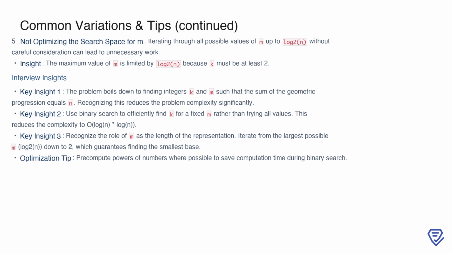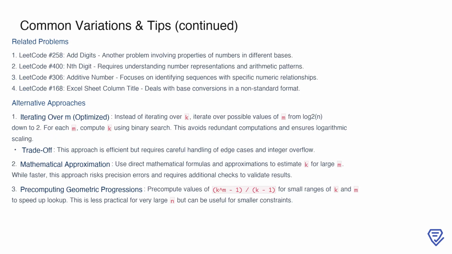To further optimize, pre-computing powers of numbers can speed up binary search operations by reducing repetitive calculations, especially when working within a constrained range. This problem also connects to several related problems that reinforce the concepts of number bases and representations. For example, LeetCode number 258, Add Digits, explores properties of numbers in different bases, while LeetCode number 400, Nth Digit, involves understanding number representations and arithmetic patterns.